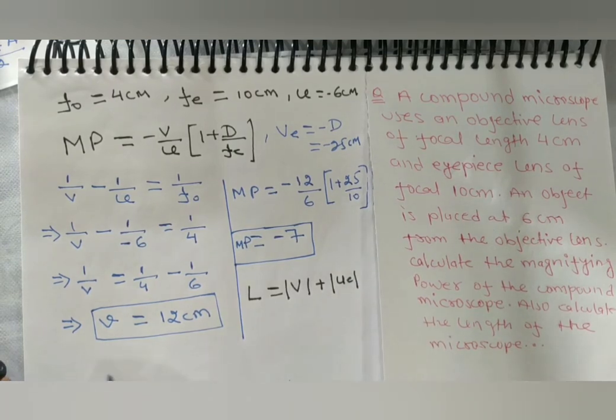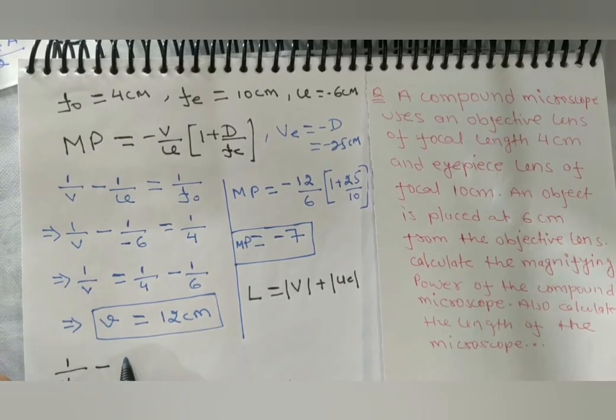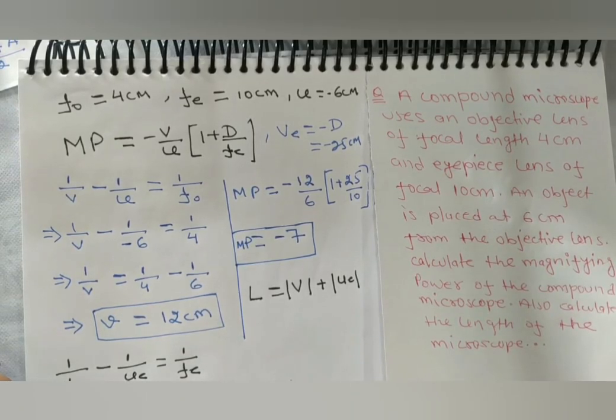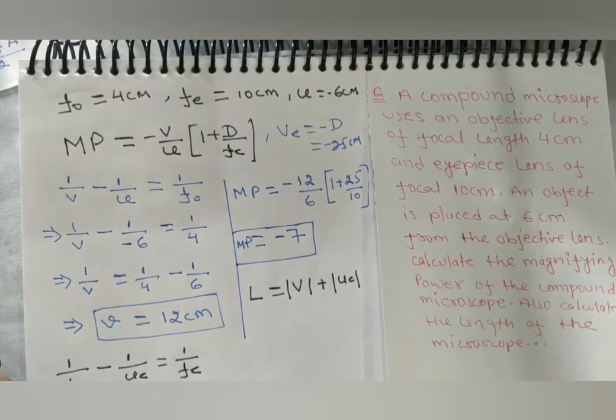So let us calculate UE. 1 upon VE minus 1 upon UE will be equal to 1 upon FE. So 1 upon UE will be equal to 1 upon VE minus 1 upon FE.